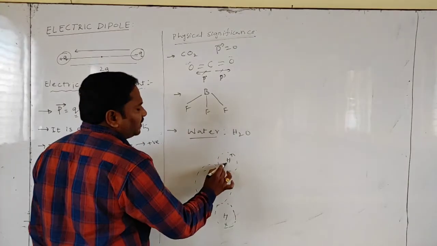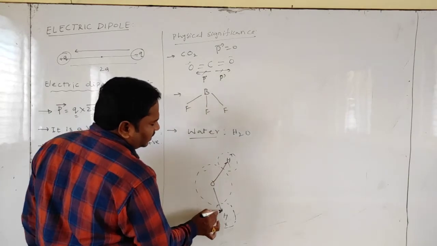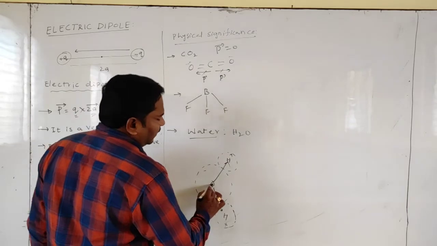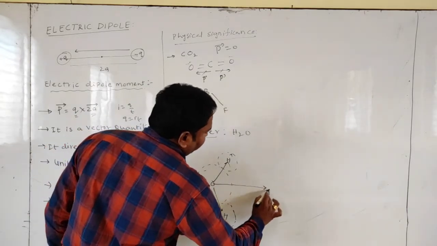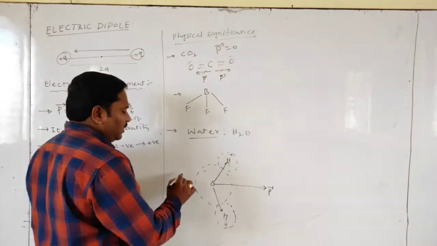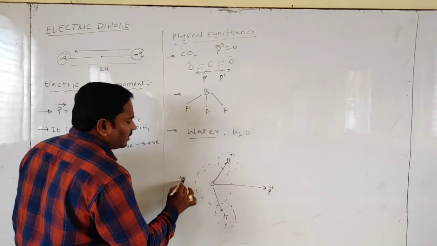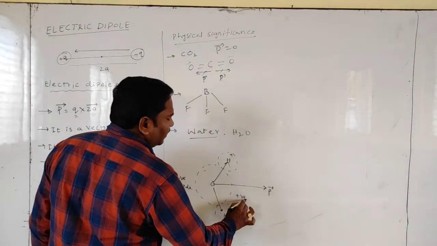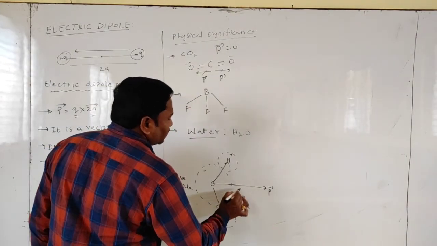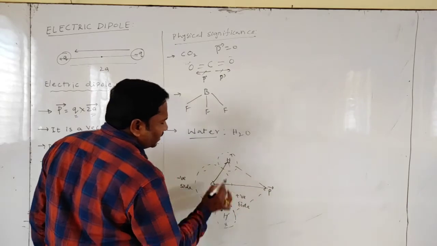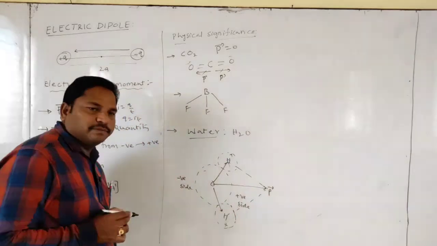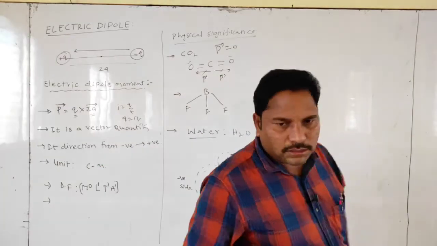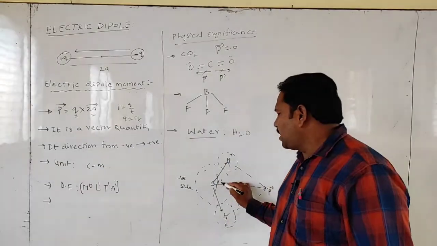One dipole moment is here and another dipole moment is here. The net dipole moment P net is in this direction. The negative charge appears on this side, the negative side, and this is the positive side. So the net dipole moment is in this direction in the water molecule. Here the angle is 104 degrees.